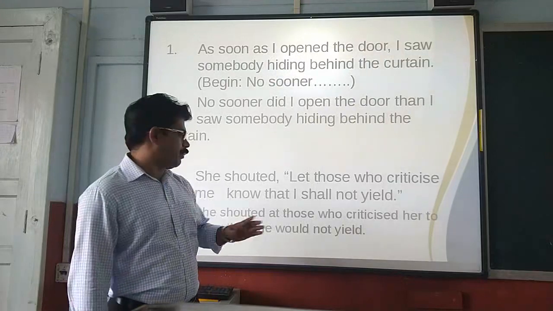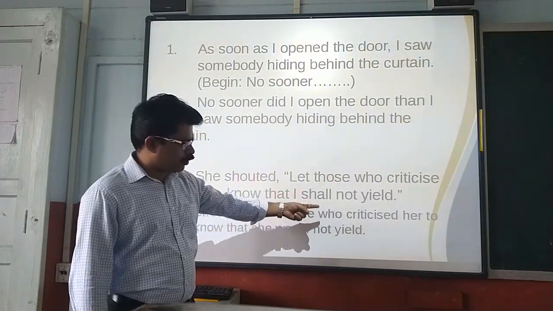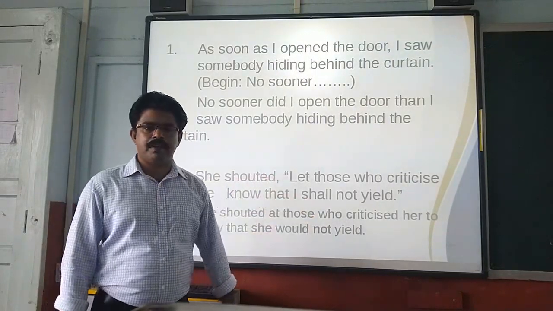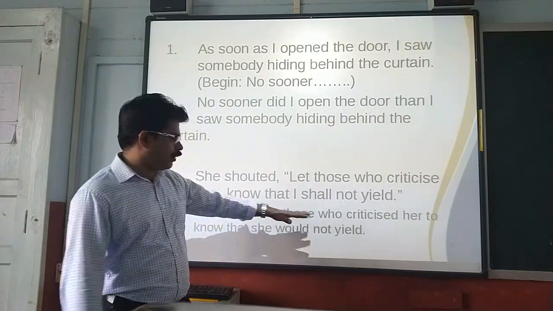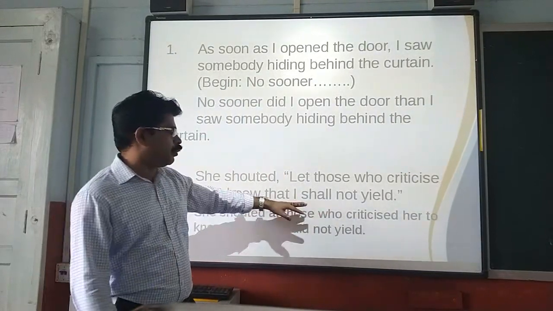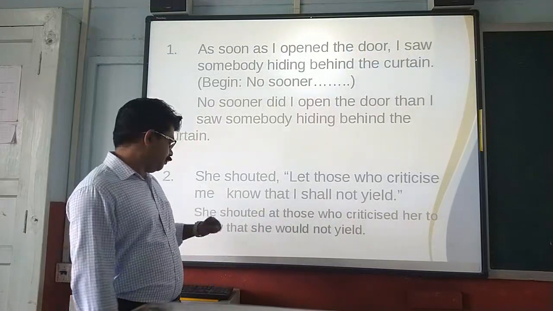So that rule has to be kept in mind: if the reporting verb is in the past tense, the reported speech will change into the corresponding past tense. And the rule we have also mentioned about shall and will, what will happen there. The answer I have already given here.